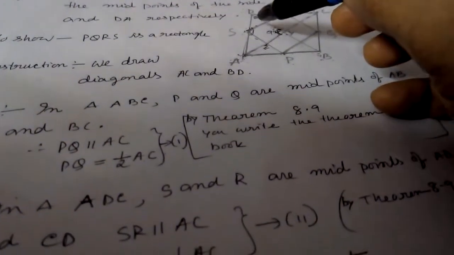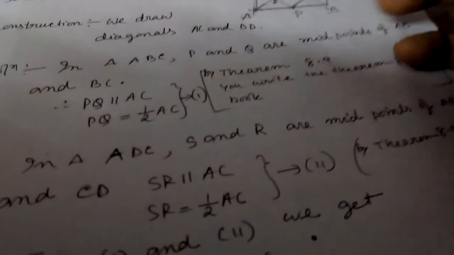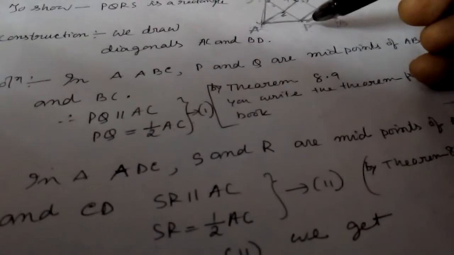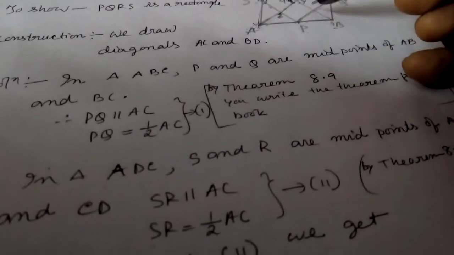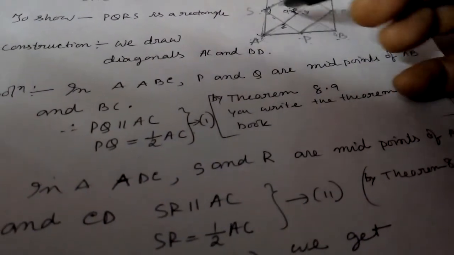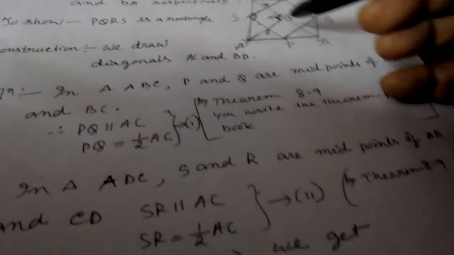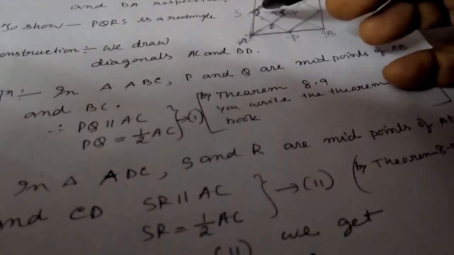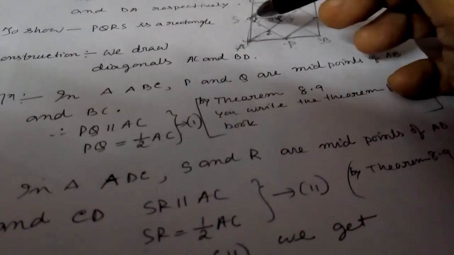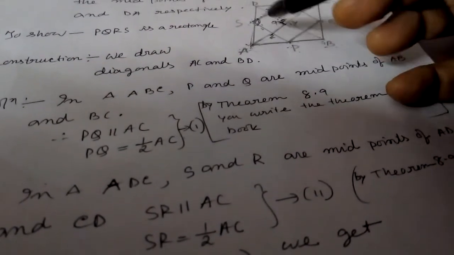We have already proved that PQRS is a parallelogram, and we know that if one angle of a parallelogram is 90 degrees, then the parallelogram is a rectangle.